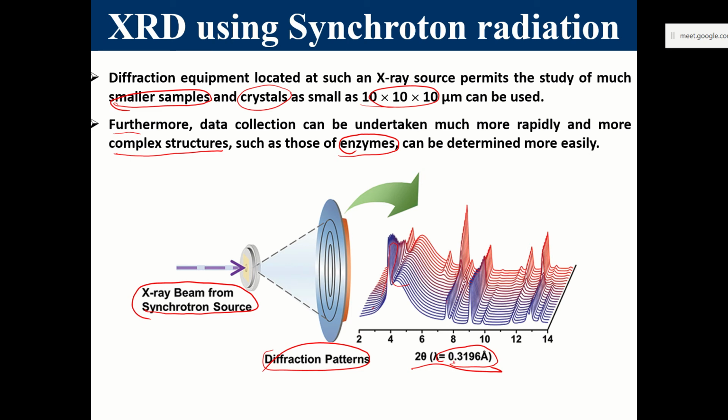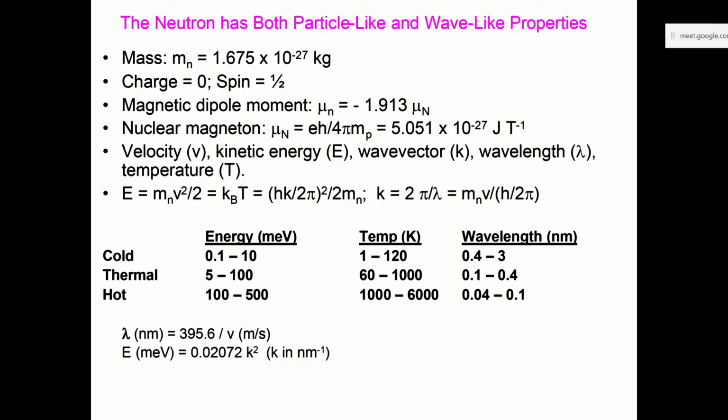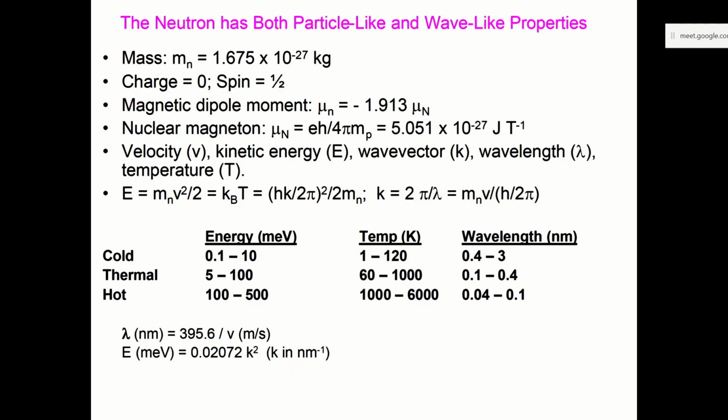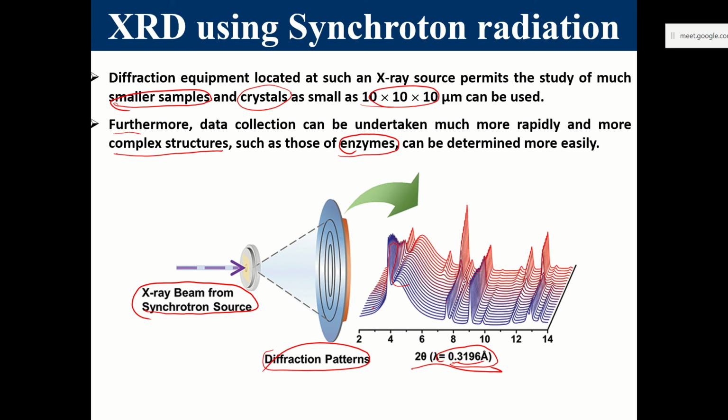Here you are getting a 5 times shorter wavelength when you are using a synchrotron, and that is because you are using a much higher energy X-ray as compared to the typical one. So it is more intense. Intensity is more. The wavelength can be adjusted. So this is the advantage of typical synchrotron based X-ray diffraction.